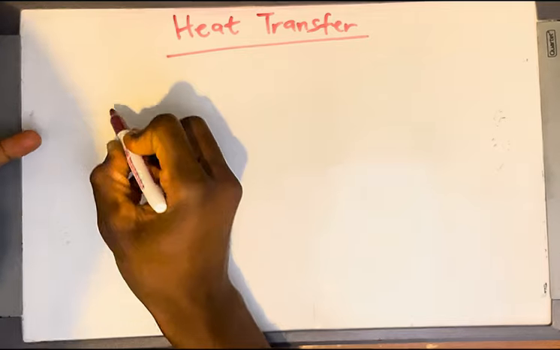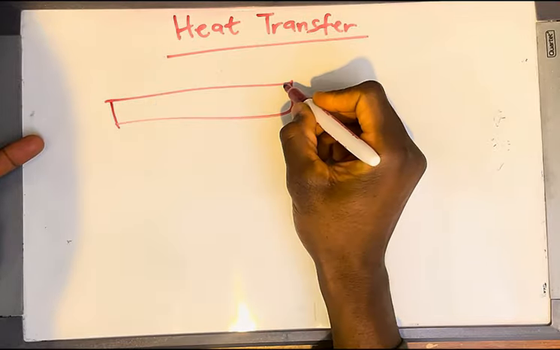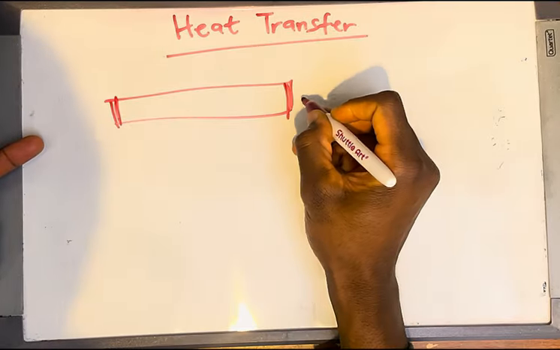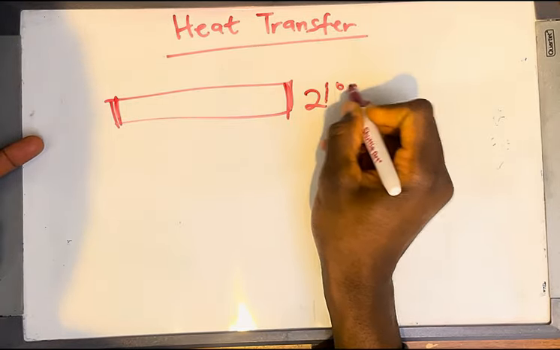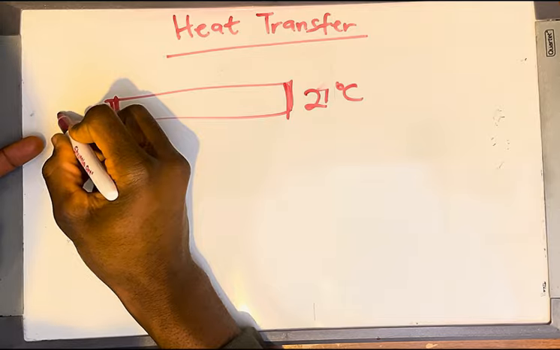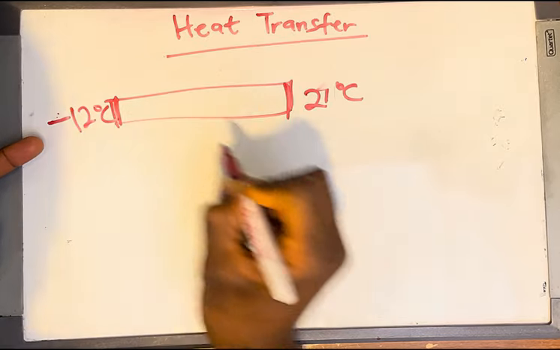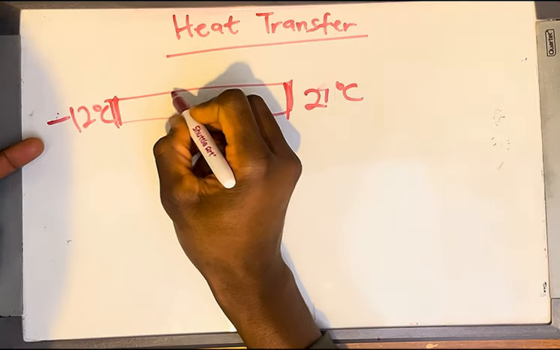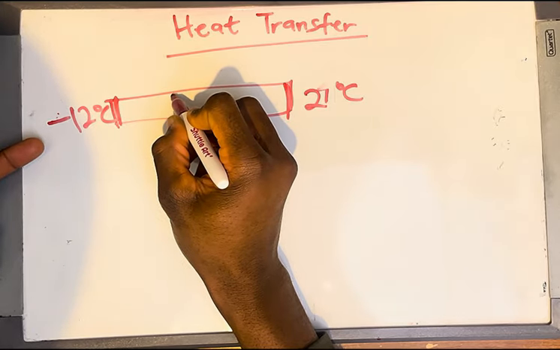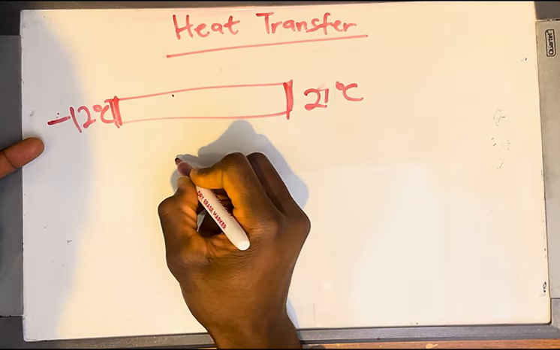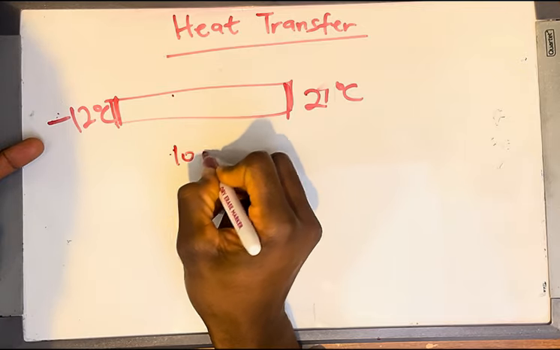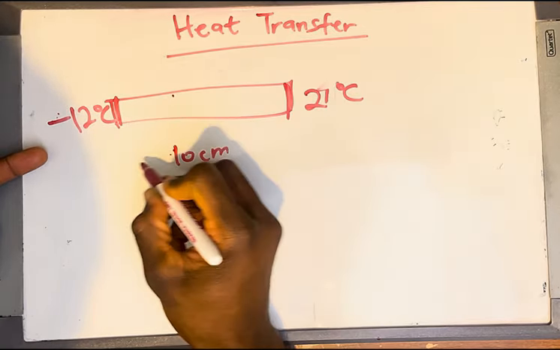Let's say I have a cork slab. One face is at 21 degrees Celsius, and the other face is at negative 12 degrees Celsius. The thickness is 10 centimeters.